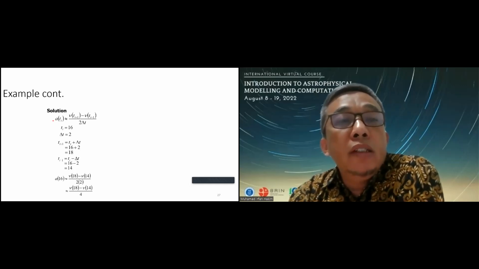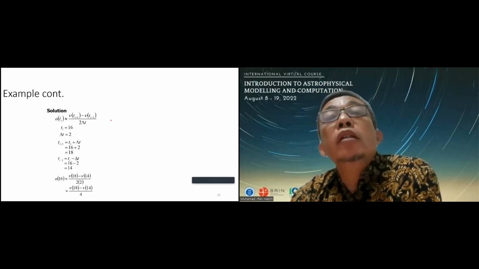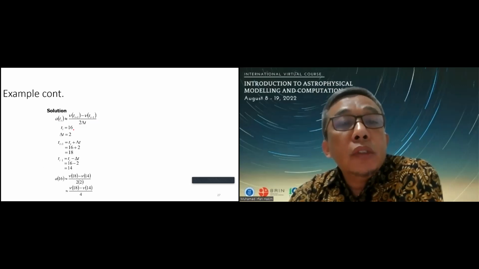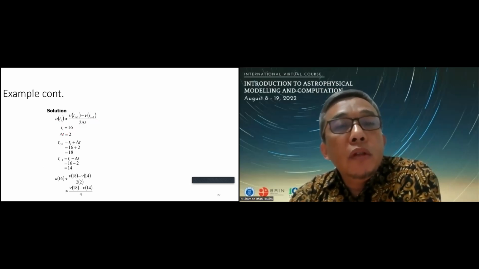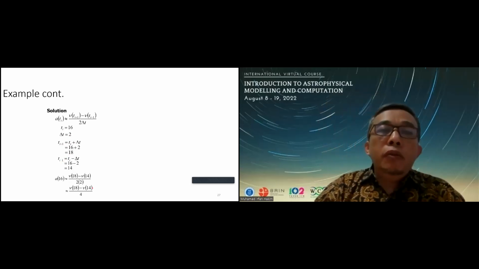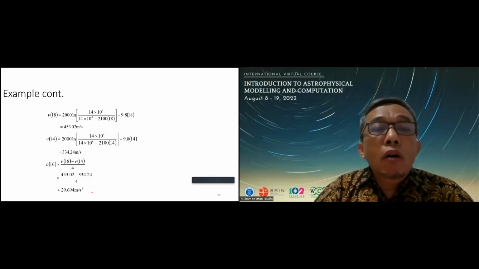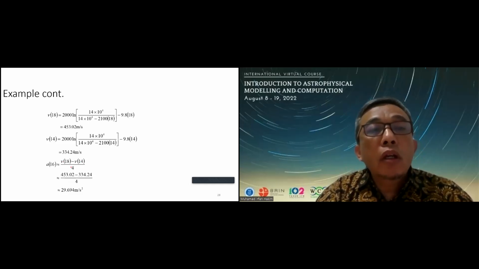So we approximate the acceleration by this expression in central difference, using delta t equal 2, t_{i+1} equals 18, and t_{i-1} equals 14. We have this expression for these values.